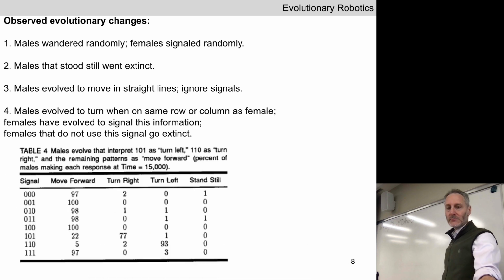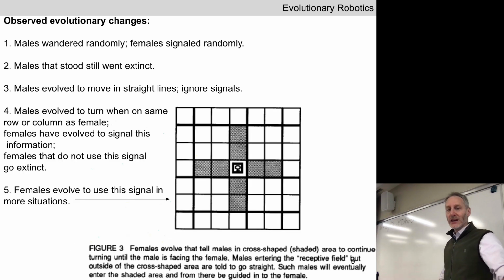Okay. What conditions are these? Good observation. Here's an example of, at this point in evolutionary time, what's going on. So just to summarize what we've just seen, at the very beginning, as we would expect, males wander at random and females signal at random. We should probably just say emit sound.